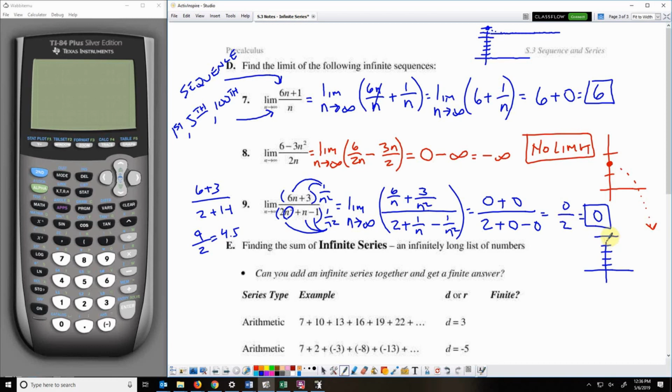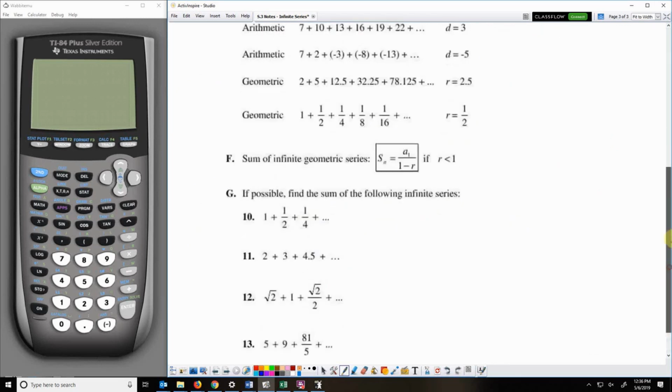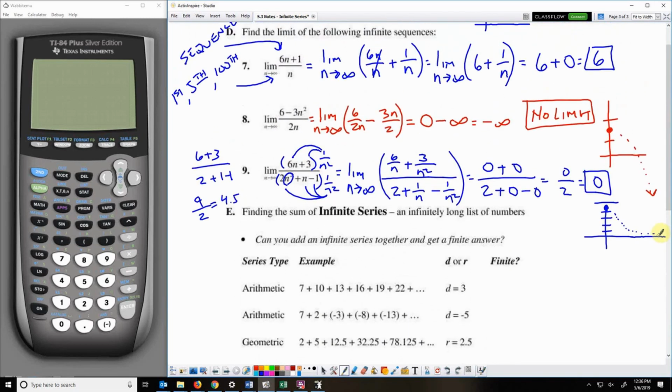So it would be somewhere around right here. And from there, I'm not going to give exact term values, but from there, they go down and they approach and get infinitely close to, but never reach a value of 0. So it can never reach 0, so the limit is 0.